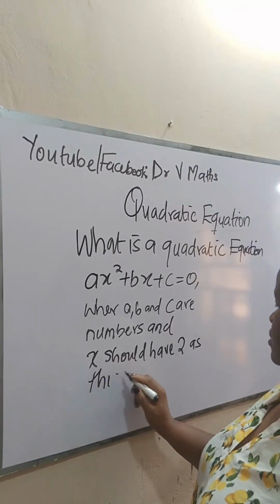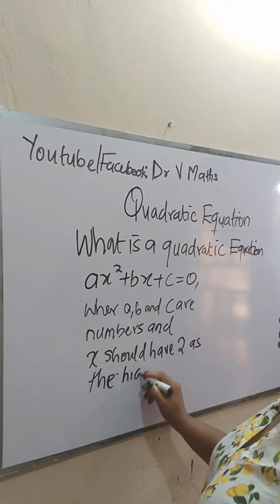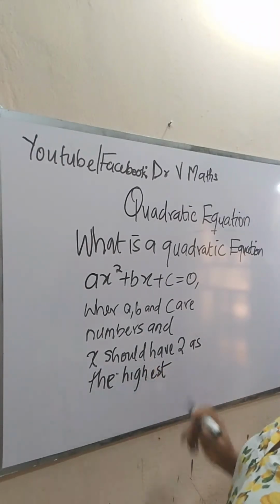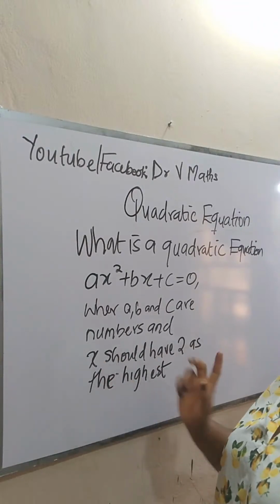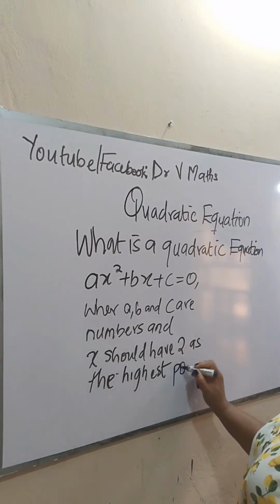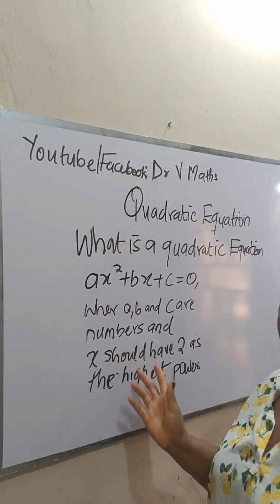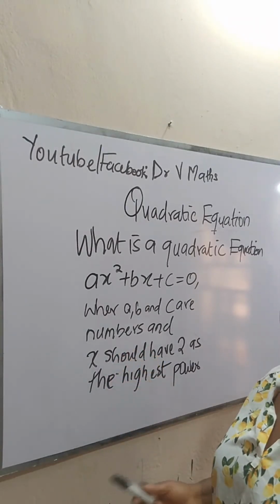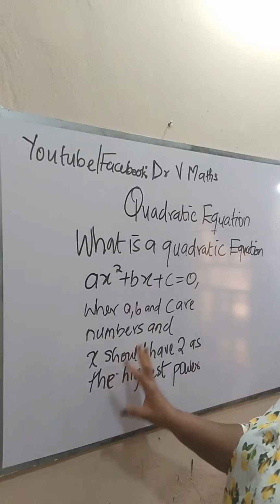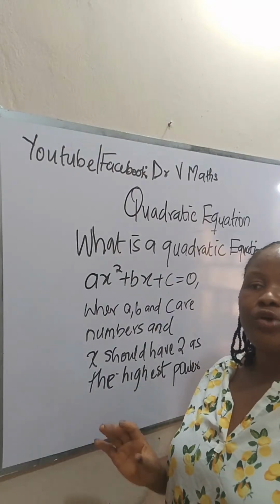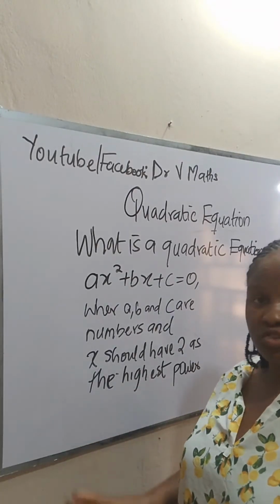The highest power of x should be 2, and it should not be a negative power or an irrational power. So what it's saying is that the highest power of x should be 2 for you to know that it is a quadratic equation.